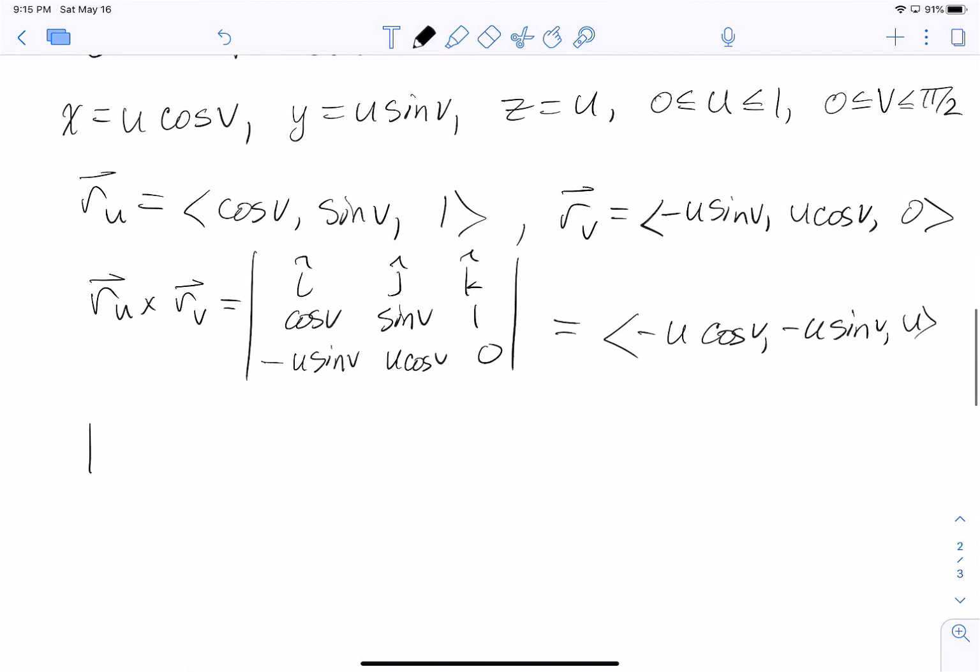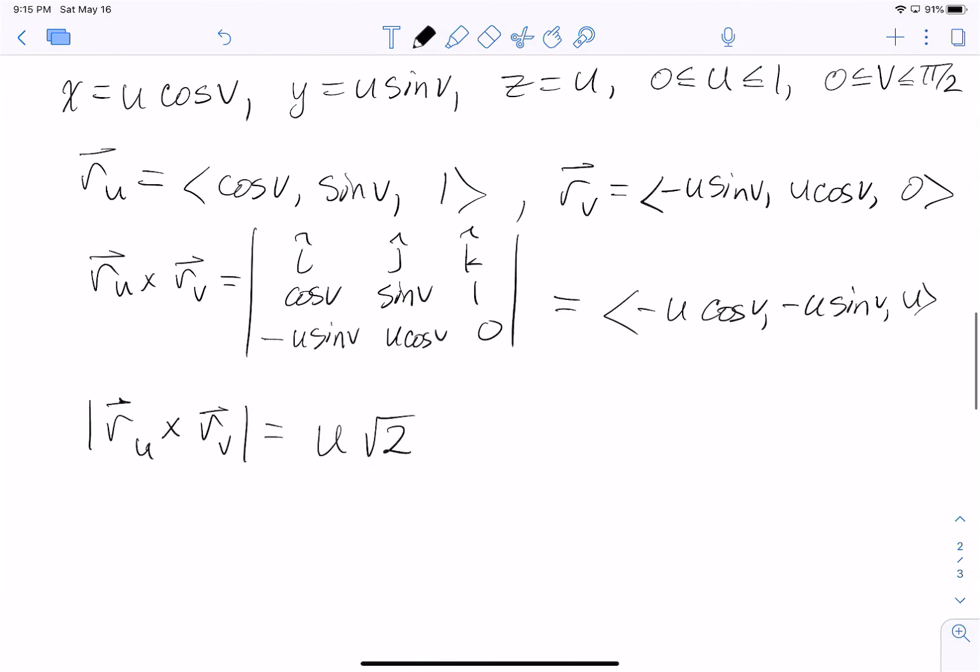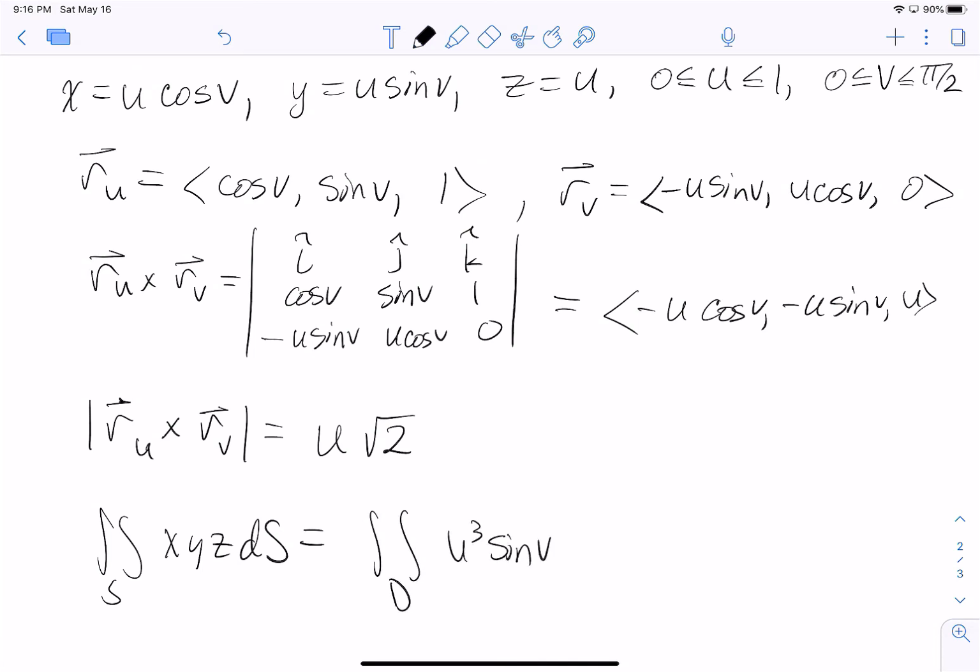You can also verify that the magnitude of the partial of r with respect to u cross the partial of r with respect to v is equal to u times the square root of 2. So the surface integral over S of xyz dS is equal to the double integral over D of u cubed sine of v cosine of v.